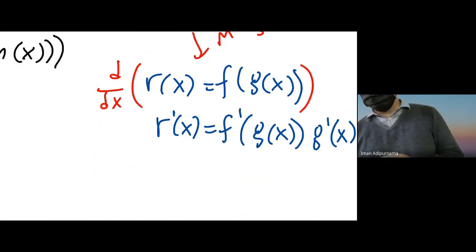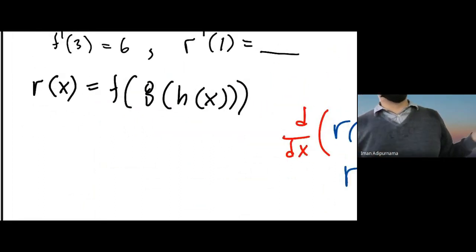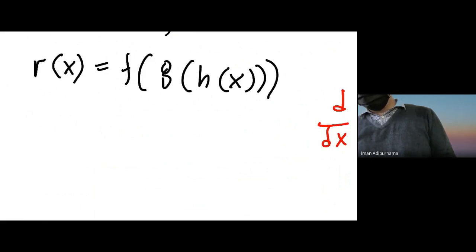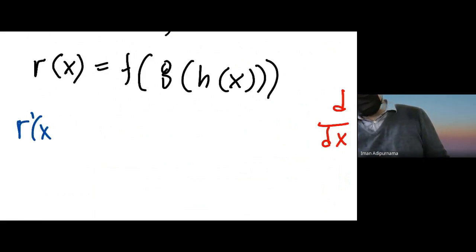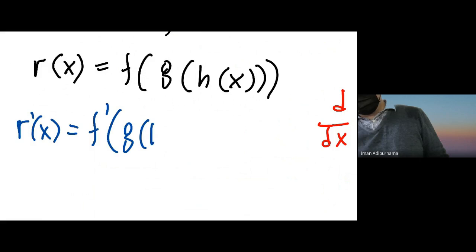But if you have more, for example like a sandwich, with a function inside a function inside a function, as many as you can have, it's a similar idea, but you need to be careful. First, you have the f prime at the beginning.